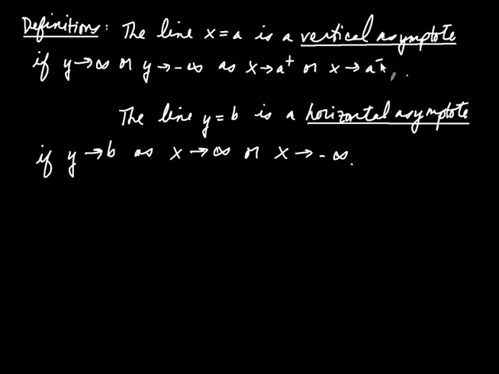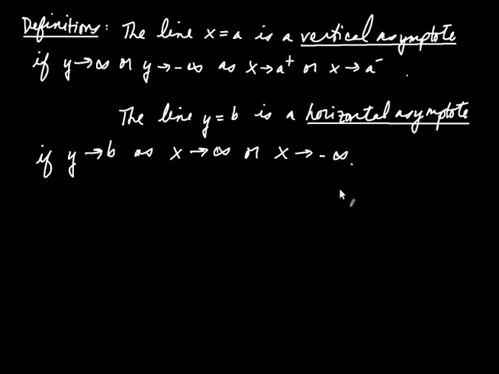A little negative sign means you're approaching a from the left. So if you approach a from the right or from the left, and the y-coordinate approaches infinity or -infinity, then we say that x equals a is a vertical asymptote. Likewise, the line y equals b is a horizontal asymptote if the y-coordinate approaches b as x goes to infinity or as x goes to -infinity, as we saw in the previous graph.